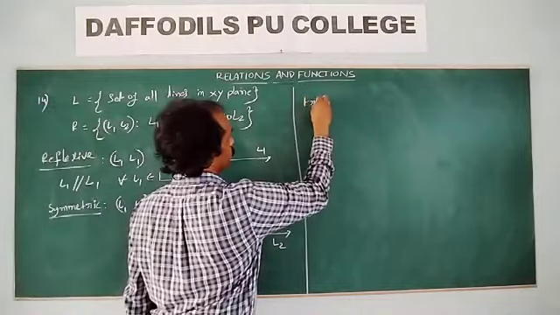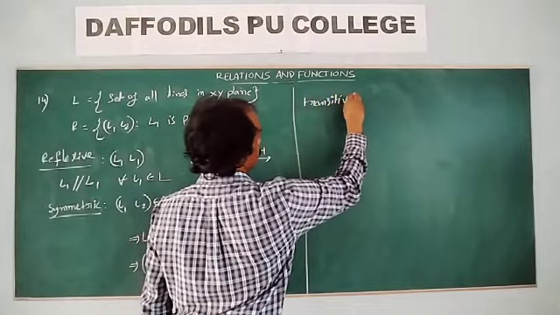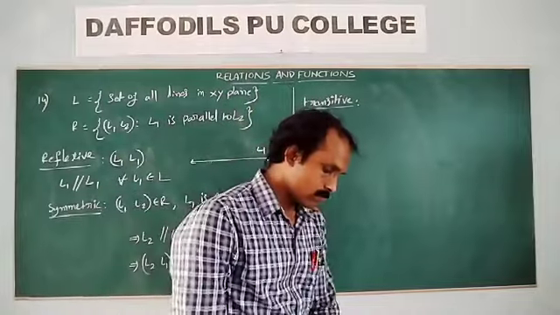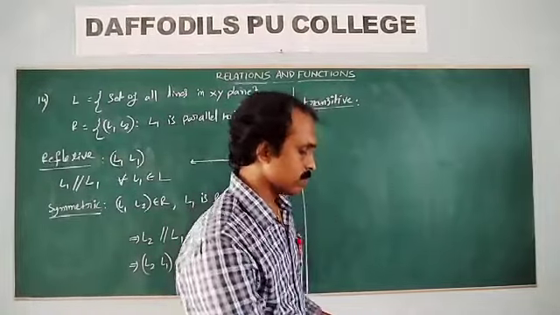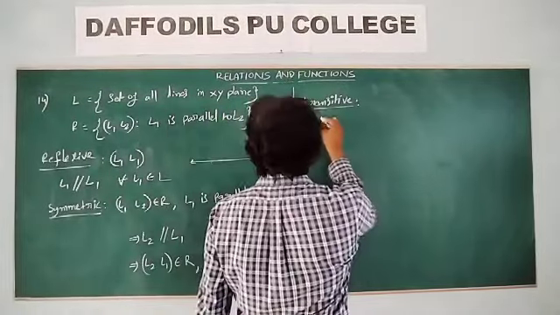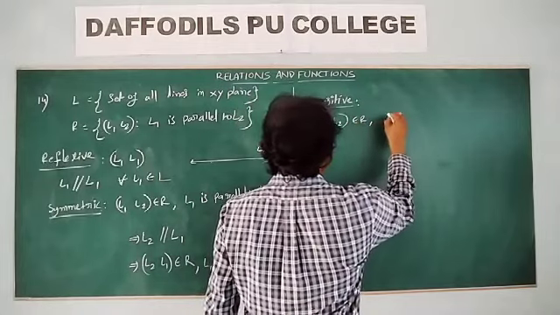Transitive. Take 3 lines. L1 comma L2 belongs to R. What is the meaning?